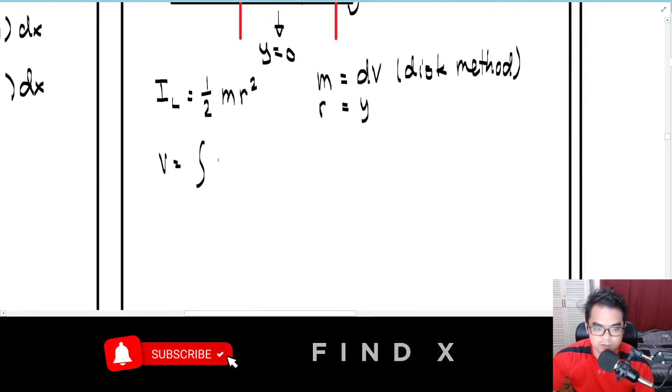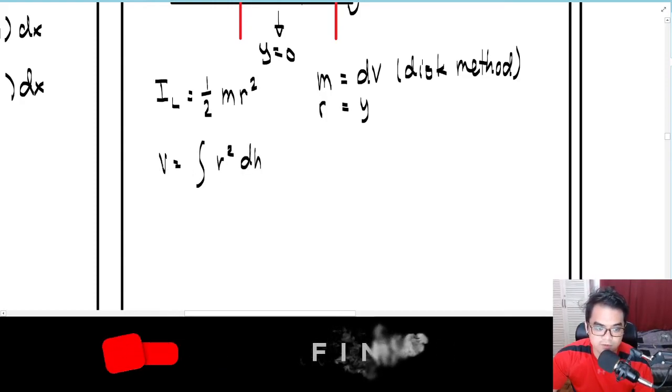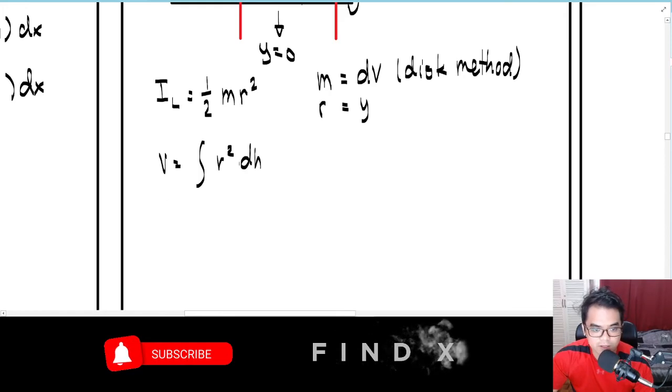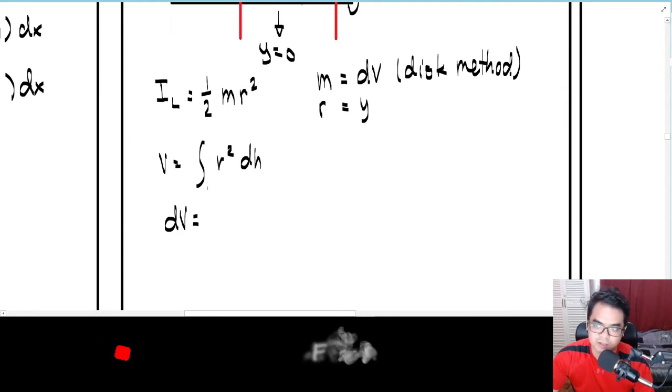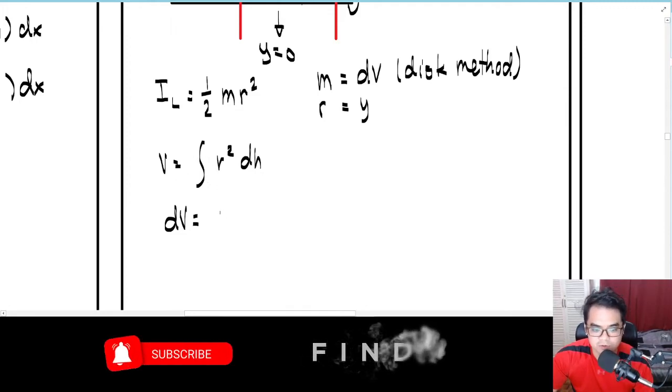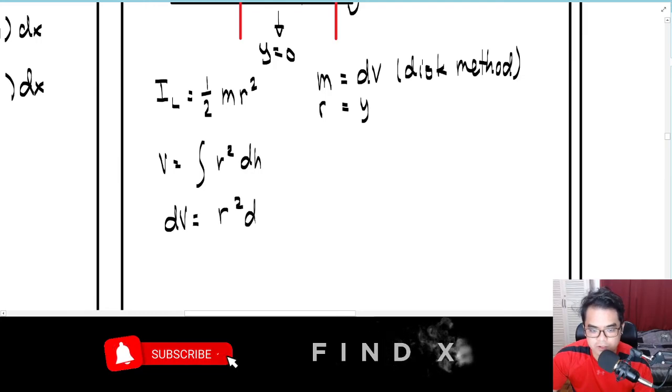R squared dh. But since I need dv, if I take the derivative of both sides, you'll have dv equal to, the derivative of an integral, they will just cancel out. So you'll be left here with r squared dh.